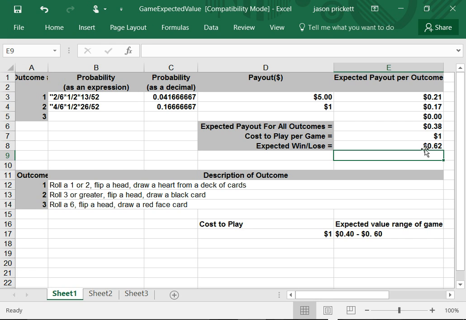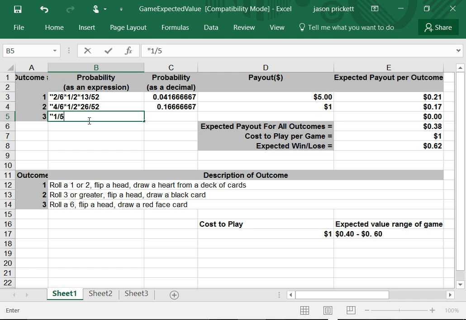So if you think about that value, what we've got to do is get it in the range of 40 to 60 cents. So we do have another possible outcome we still need to add. I said, okay, roll a 6, flip heads. So that's 1/6 chance times 1/2, times draw a red face card. A red face card. Oh, okay, well this is low.